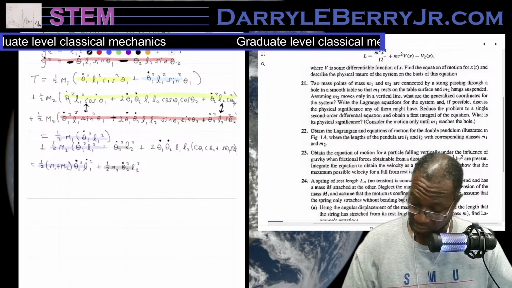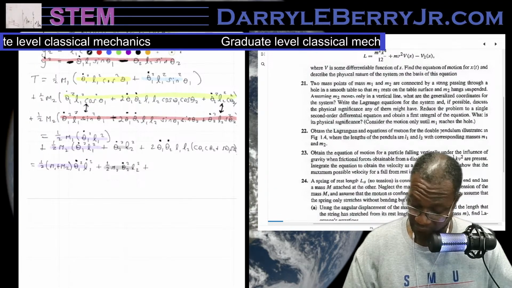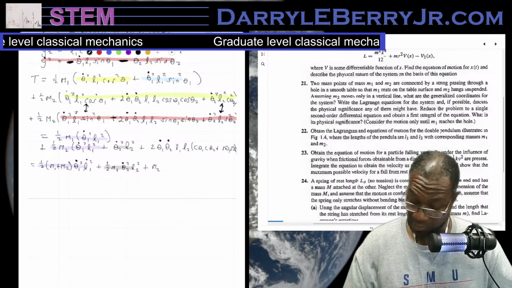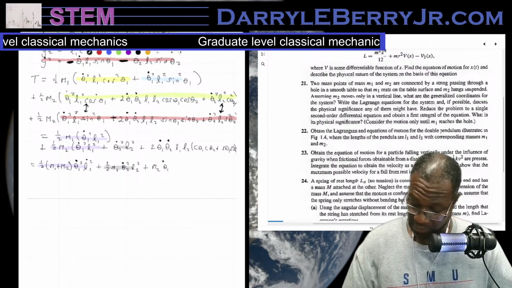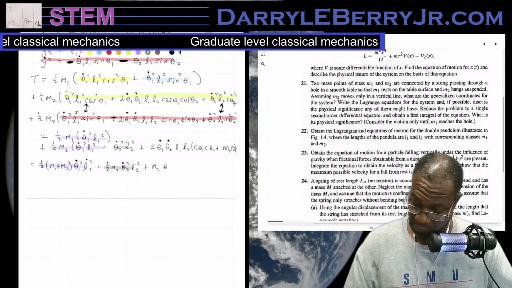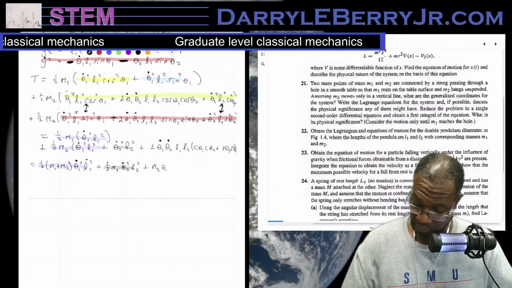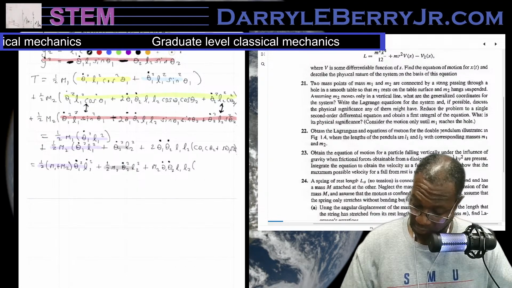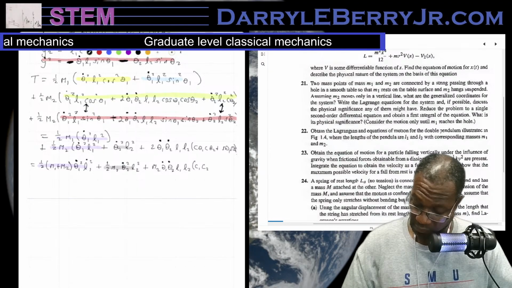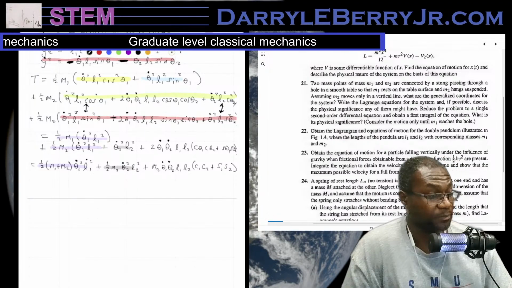And then we just distribute the 1/2 M2 theta 1 dot theta 2 dot L1 L2 C1 C2 plus S1 S2 for the cosines.